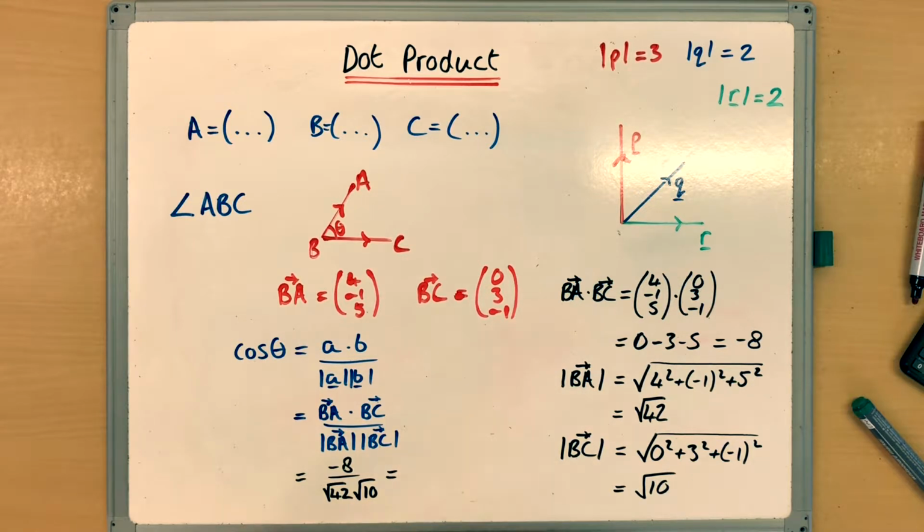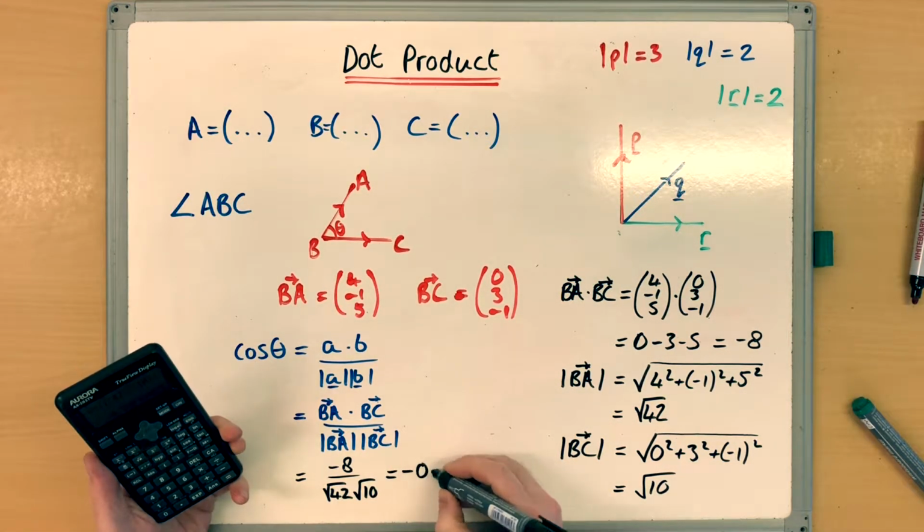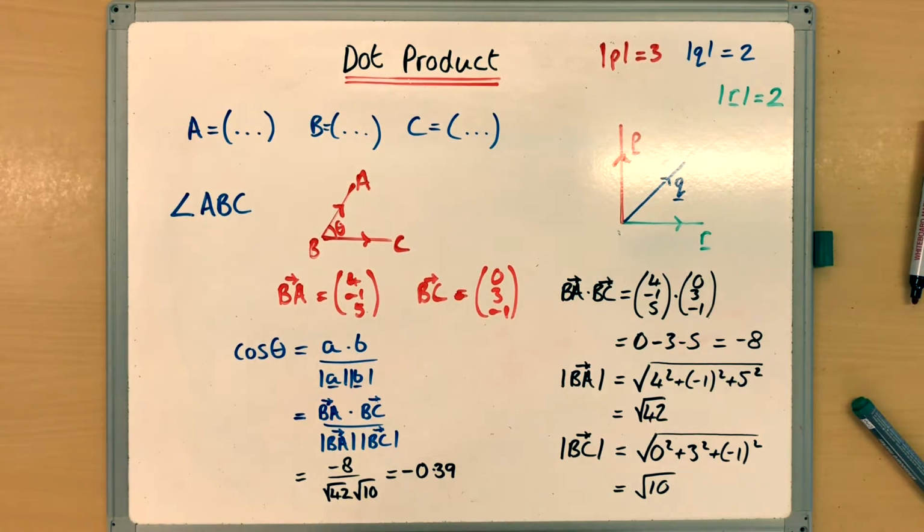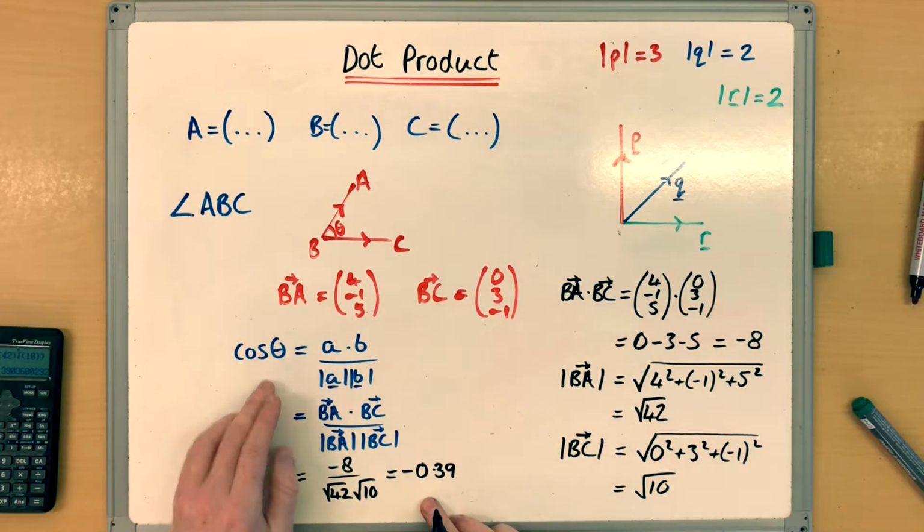So, as a decimal, -8 divided by root 42 root 10, I get -0.39.